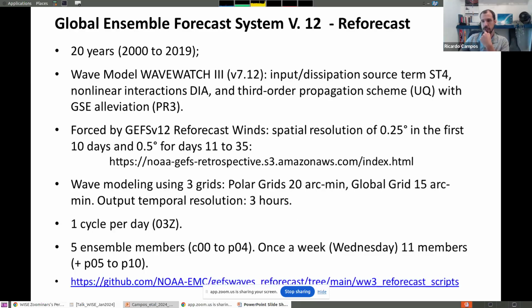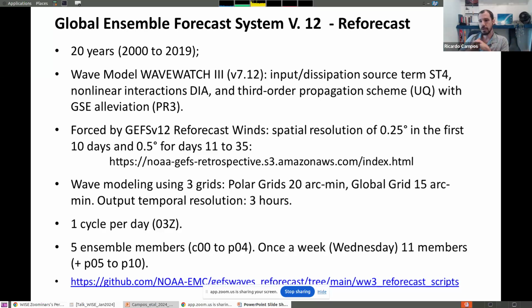Before starting with the probability maps and the probabilistic algorithm, we need to run an extensive validation and then generate enough data to be working on that. So 1 or 2 years using archives is not enough. So we worked hard on developing a reforecast dataset, preserving the characteristics and the grids of the system that's running operationally, but expanding to the last 20 years, from 2000 to 2019.